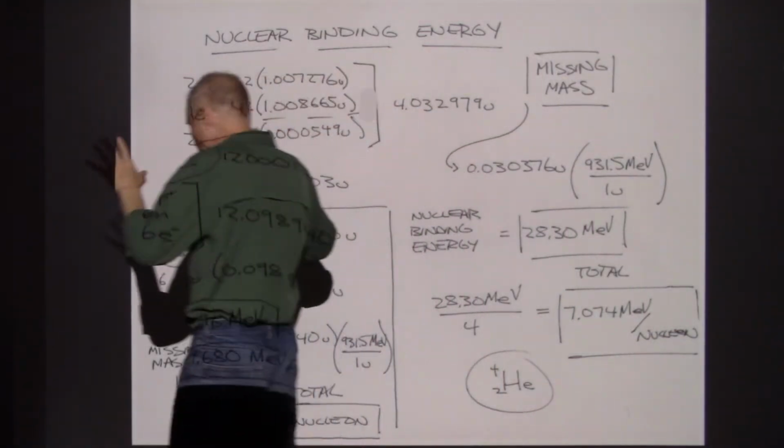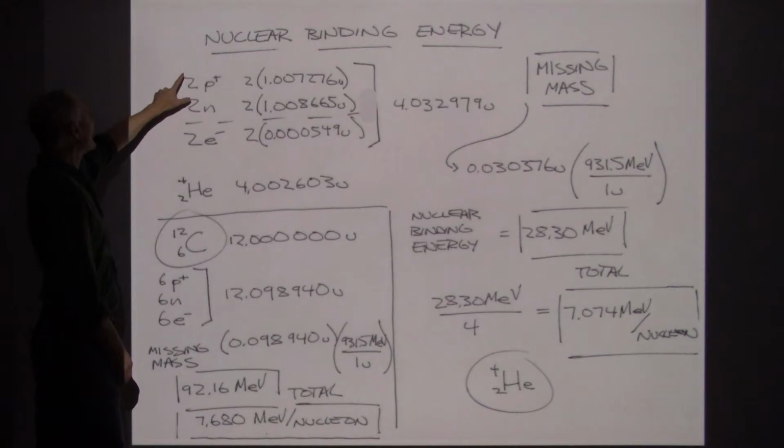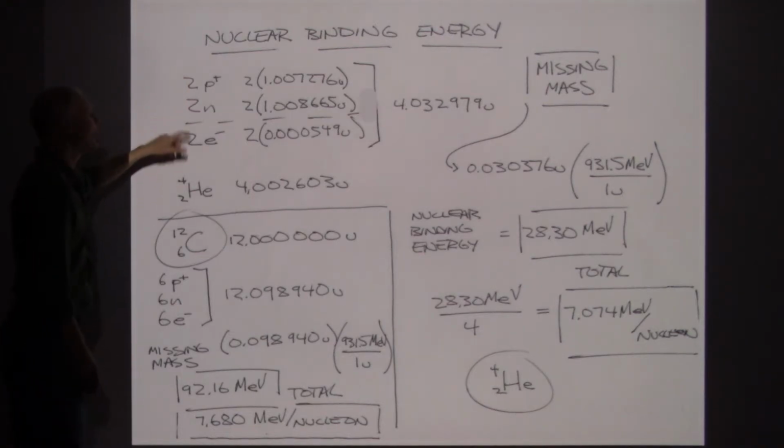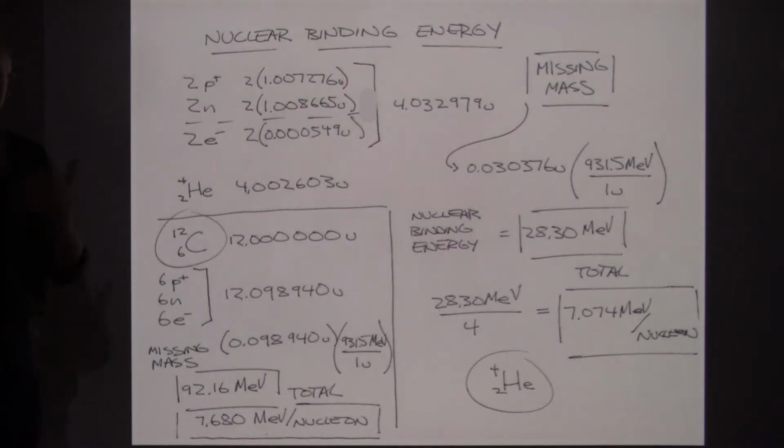So if I were to create a helium nucleus by combining protons and neutrons together, that would be a nuclear reaction. And when the protons and neutrons come together, there would be a lot of energy released during that process. And because energy is being released, the mass is actually less.